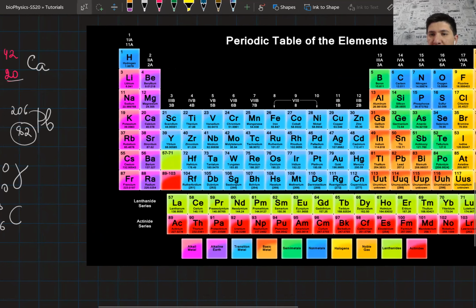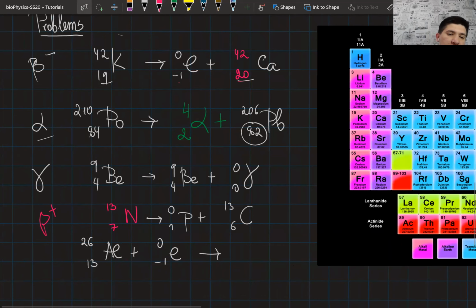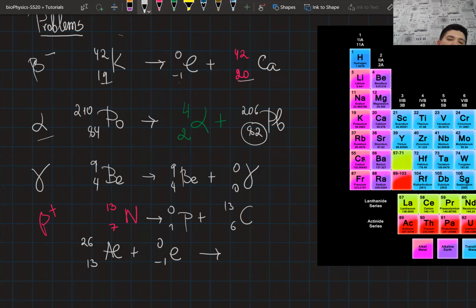Cool. So let's say I've got aluminium, and it's going to absorb the electron, right? So in this case, it's not going to emit the electron, it's going to absorb the electron. And what kind of element is it going to produce? Basically the atomic number becomes 12 and the mass is 26.